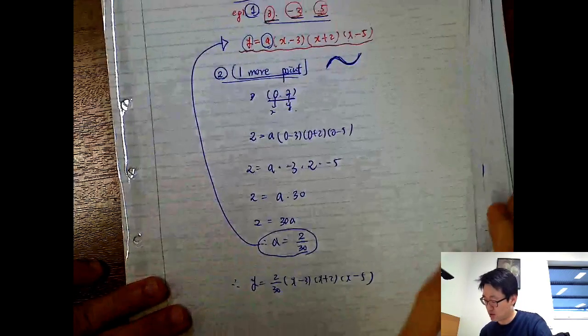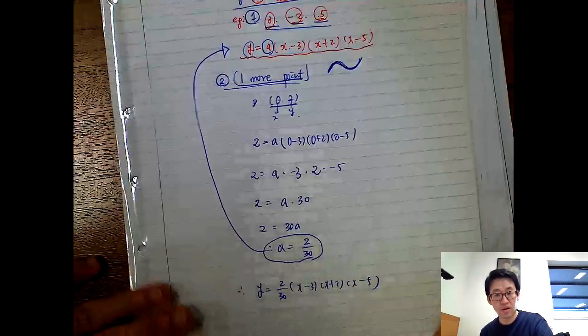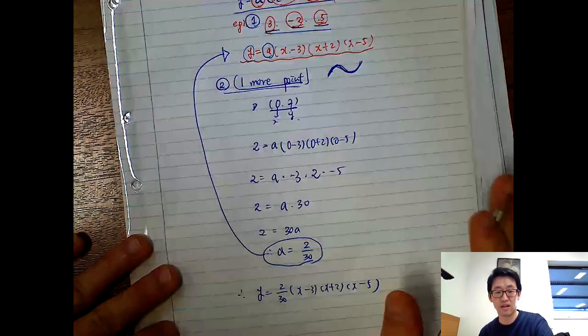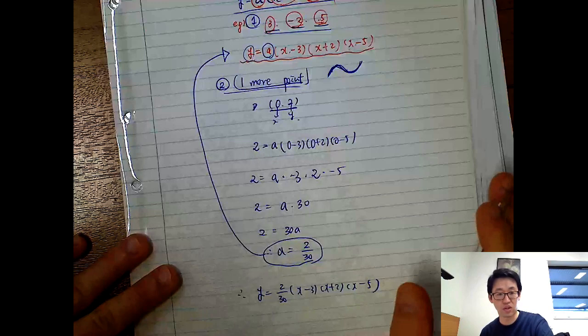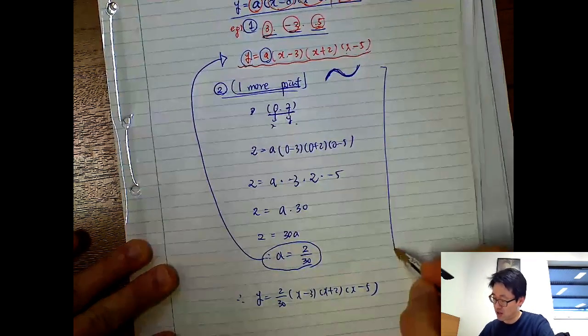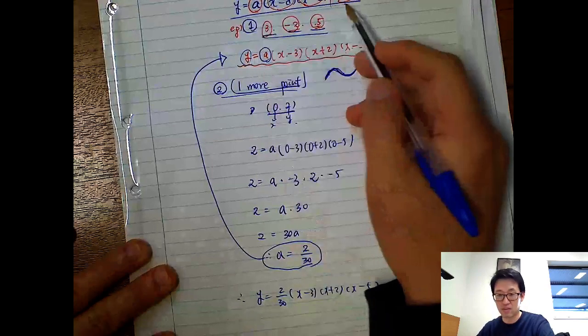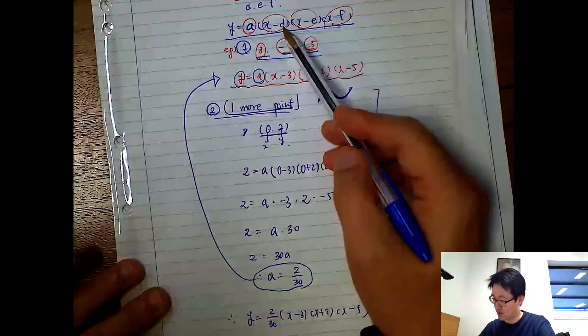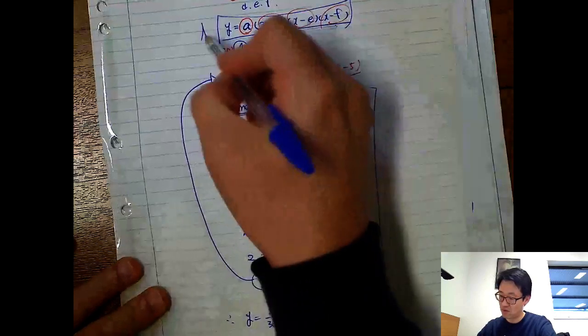Does it make sense to you guys? Yeah? It's pretty simple, straightforward. I wish everybody was able to solve this question easily. Okay? The first step, plug your x-intercepts into that formula. Hopefully you remember that. Yeah? Must know.